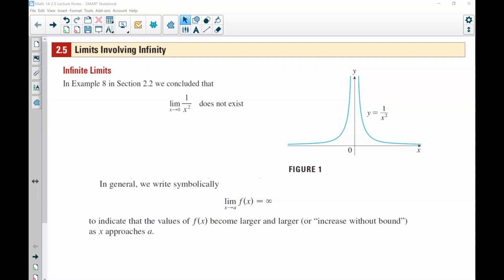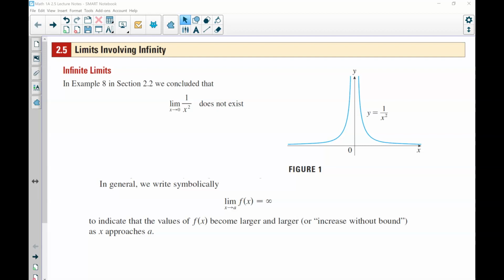Now, to indicate this kind of behavior, we're going to use the following notation. In general, we're going to write it symbolically, and we're going to say that the limit as x approaches a of the function is equal to infinity. Now, this does not mean that we are regarding infinity as a number, nor does it mean that the limit exists.